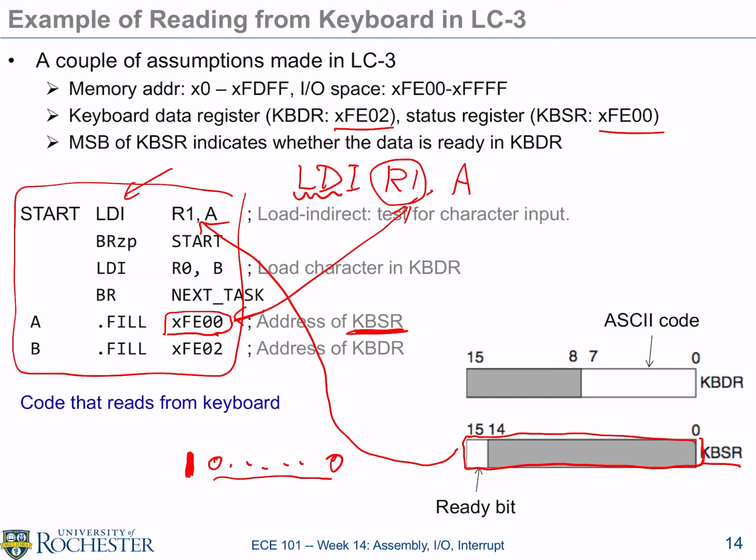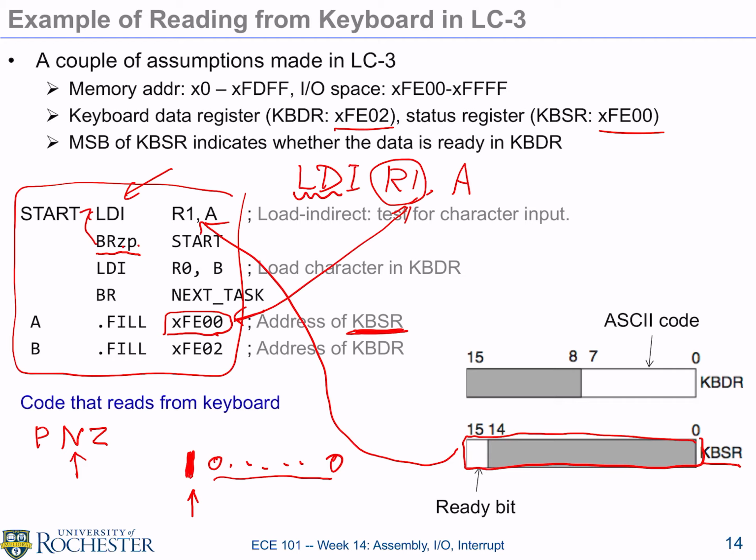Because we loaded this value, let's pretend for now the top bit, the most significant bit, is 1. Then the negative flag of the positive, negative, 0 flags will be set because it's a negative value. Look at this. It says if it is not negative, if it's 0 or positive, which means not negative, go back.